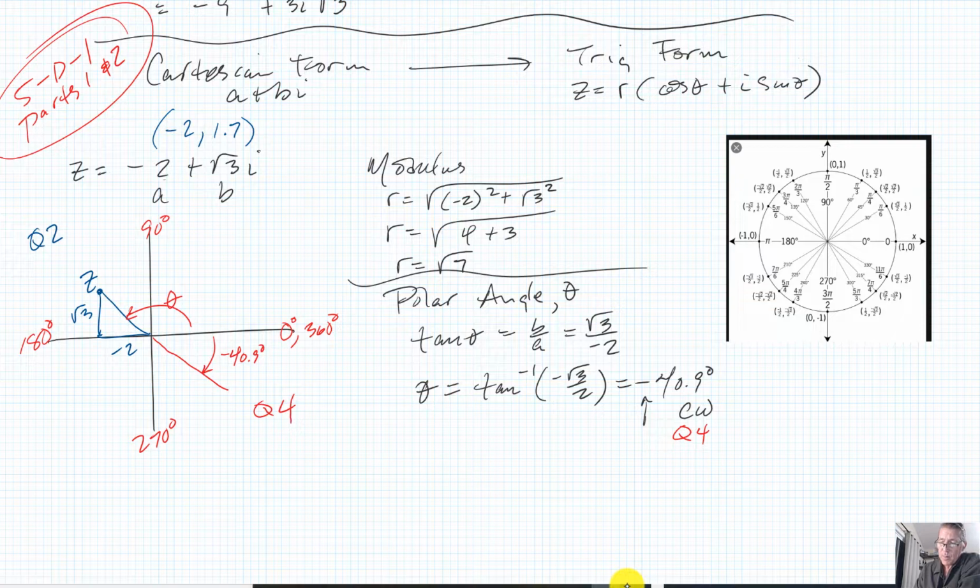We want theta. This theta is in green, and this negative angle, negative 40.9, is in blue. We know they're supplementary, and supplements add to 180.